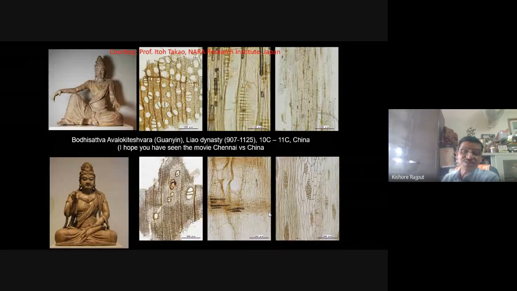You can search out this name, put it on Google, or if you have a habit of watching movies, you can see Chennai versus China or China versus Chennai, some South Indian movie. There you will realize who the Bodhisattva is, and he is treated as one of the major saints in China.